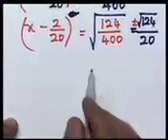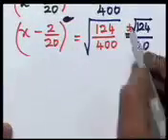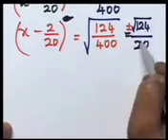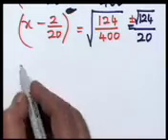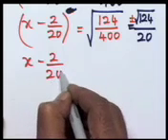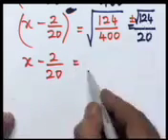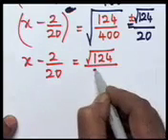Okay. So now, once you reach that stage, it's the same method. We use the plus fraction once and then the minus fraction once. So I'm going to solve the plus one first, which is x minus 2 over 20 equals root 124 divided by 20.